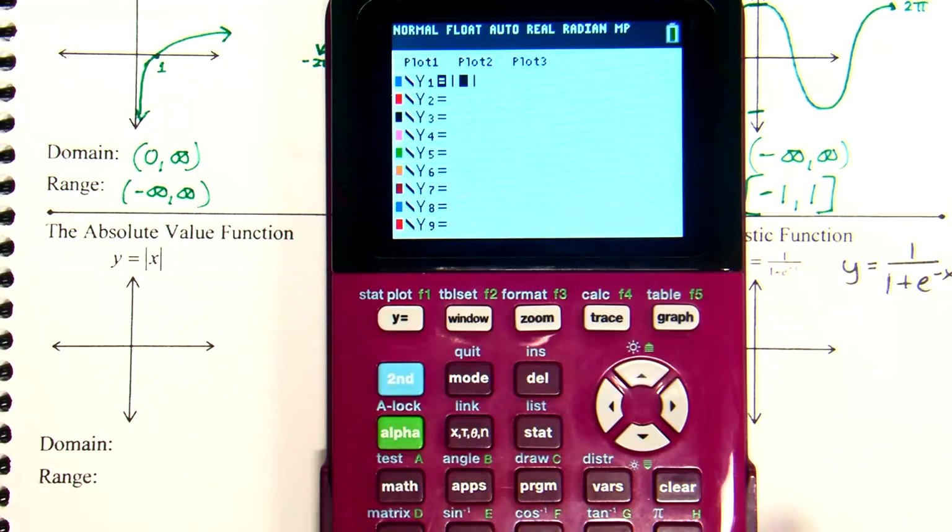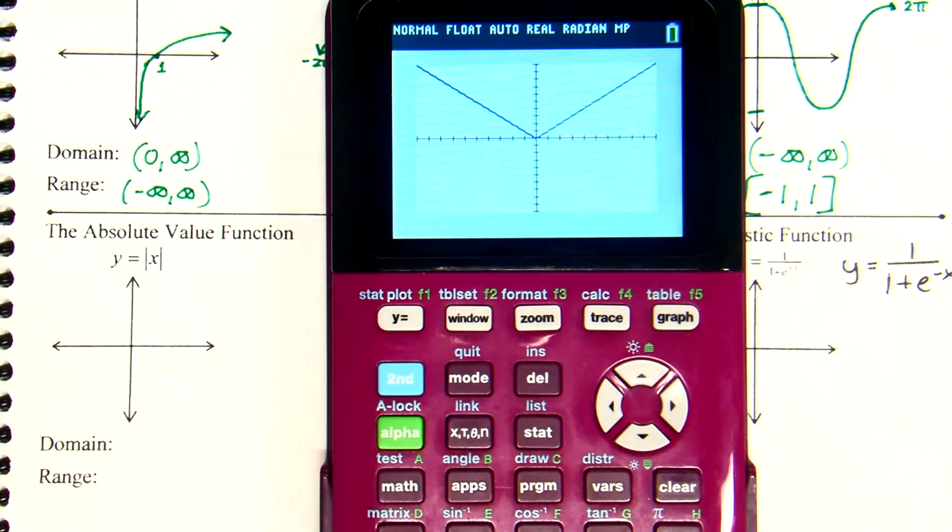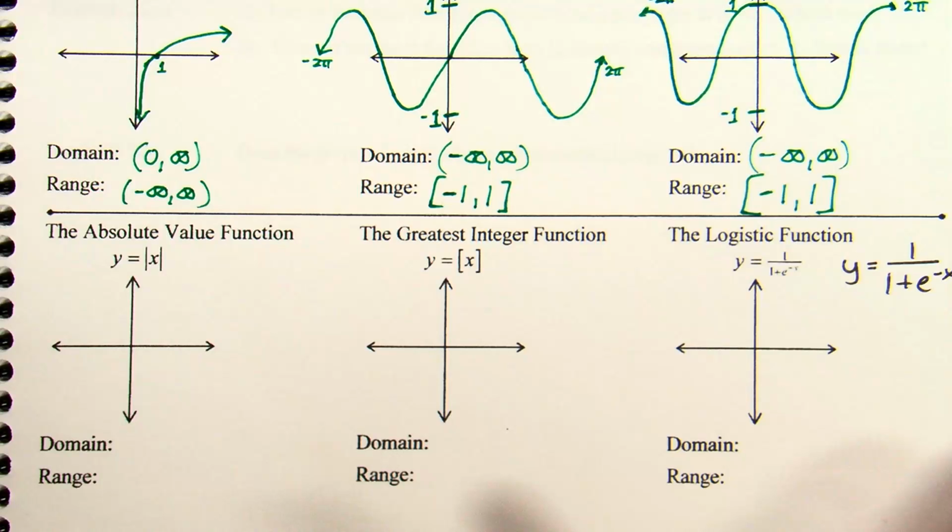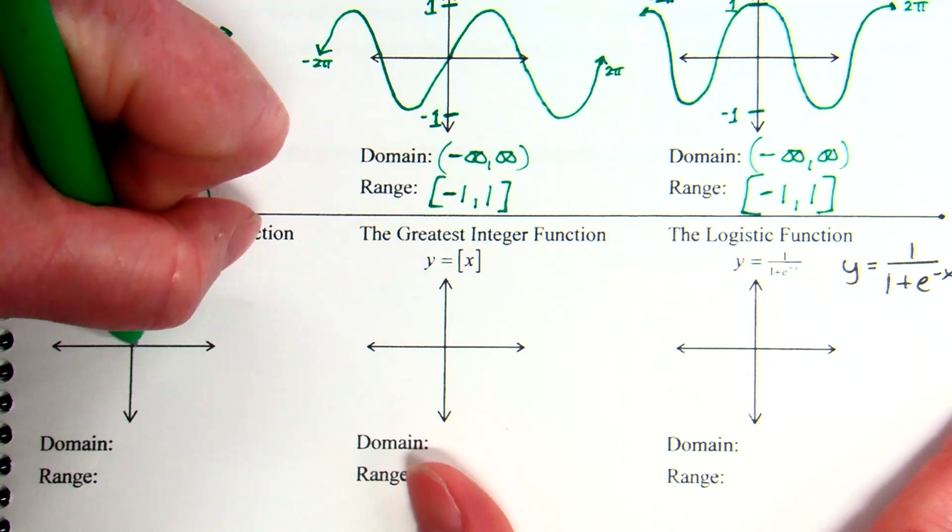You get a V. That's not totally surprising, is it? Didn't we graph absolute value last year in Algebra 2? Maybe exactly a year ago, actually, considering I just taught it to Algebra 2 last week. Okay, I taught it to them Wednesday, Thursday. So yes, it is an absolute value V.